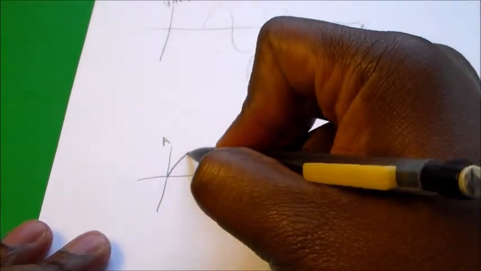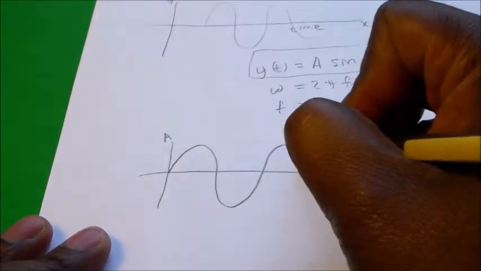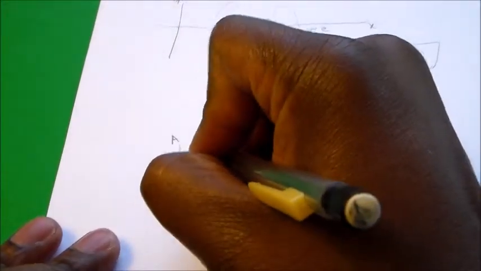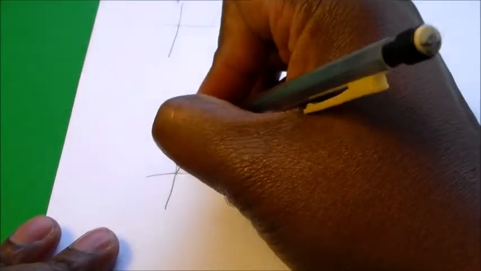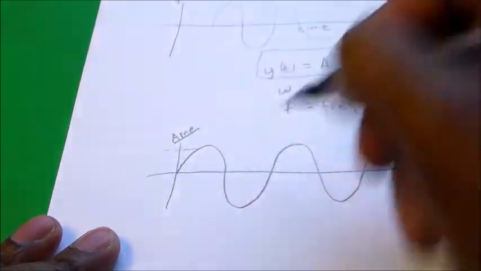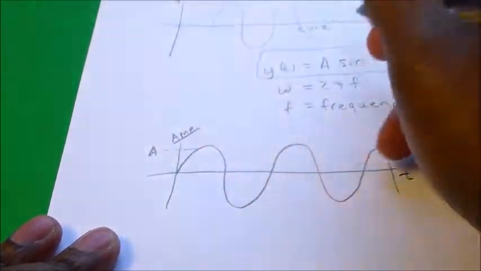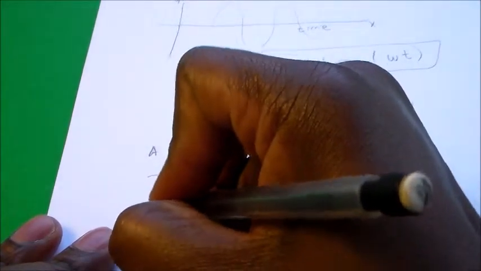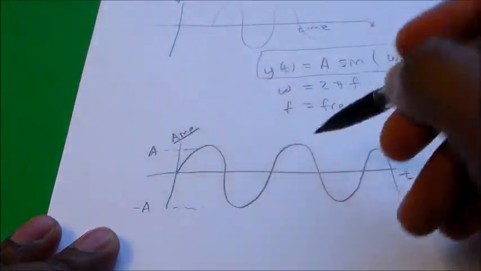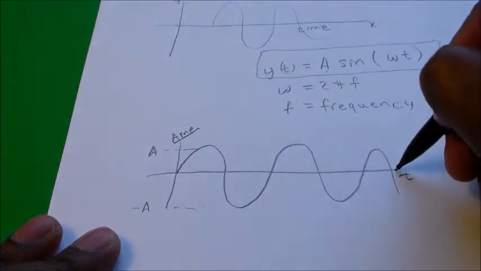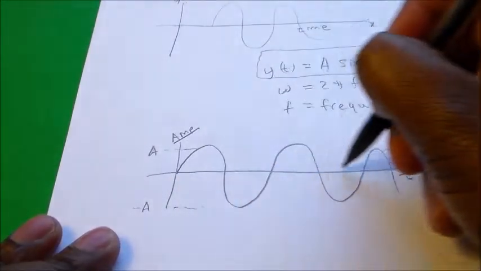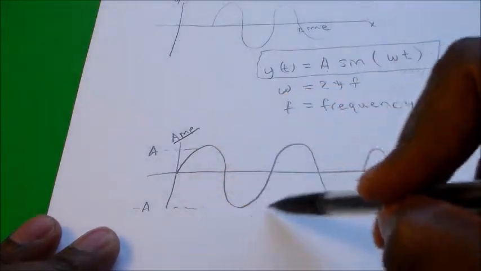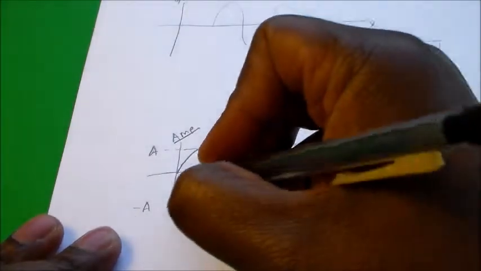It will turn out looking like this, or something similar, where A here is the maximum amplitude that it reaches, and down here we have negative A, which is the minimum amplitude that it reaches, and in the middle right here is our equilibrium. As time goes along, it just goes up and down, and so forth.